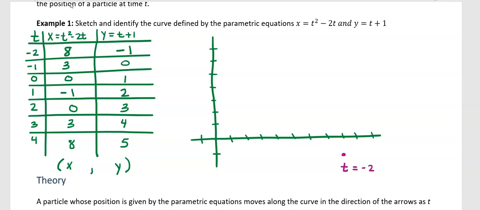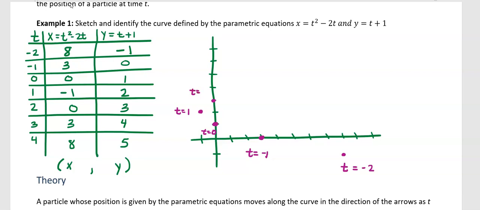And then we have the point 3, 0, and that is for t equals -1. Then we have the point 0, 1 for t equals 0, and -1, 2 for t equals 1.